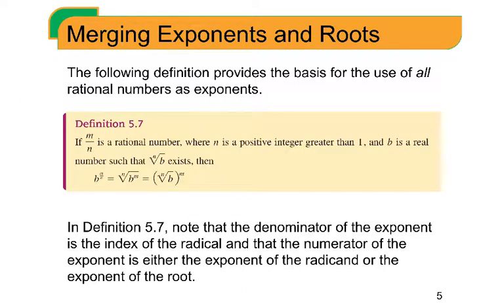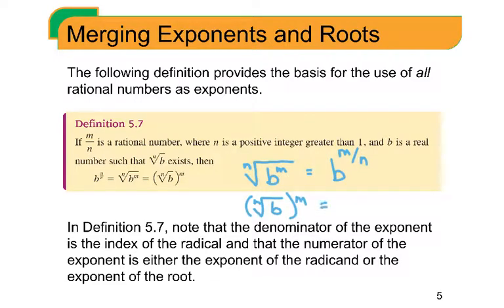Okay, so here is the big idea. If we have, which I've mentioned before, the nth root of some real number raised to the m power, this is b to the m over n power. And it also can be written as the nth root of b raised to the m power.